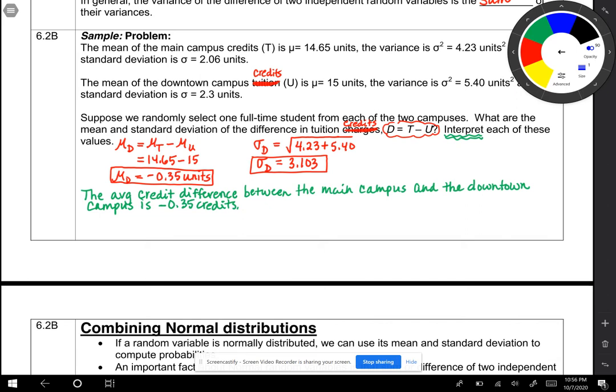Right. For the standard deviation, the interpretation, on average, so remember, standard deviation is how far something is from the mean. So on average, the difference in credits between the two campuses will vary from the mean by about 3.103 credits.